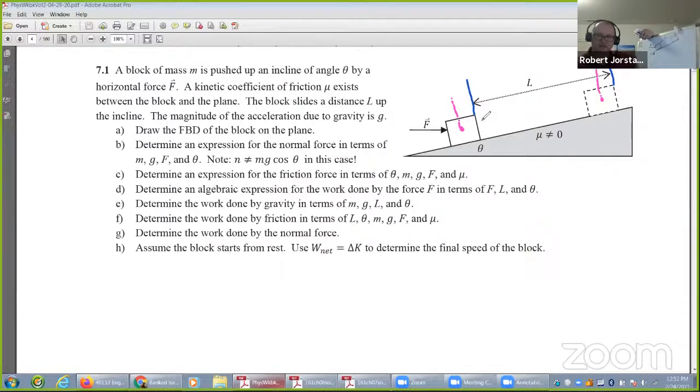But that distance is also exactly the same for this case. Make sure you show the actual distance the object moves, not the distance I drew at the bottom. That distance is not L. You've got to be careful when you're drawing here.